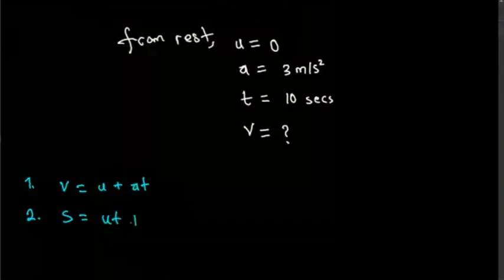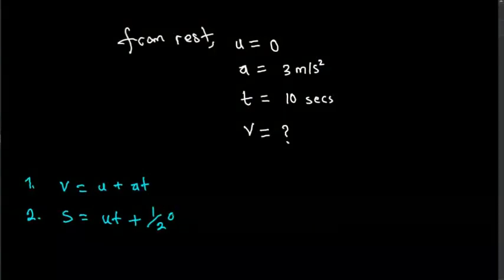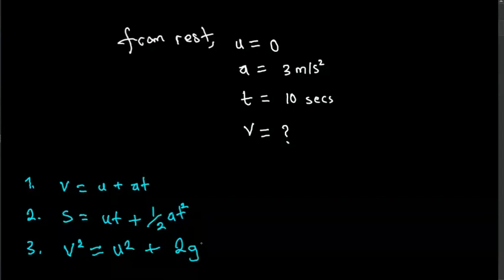Remember, we're dealing with linear motion. When it's motion under gravity, this acceleration becomes G, the acceleration due to gravity. Then the third equation of motion is V squared is equal to U squared plus 2AS.